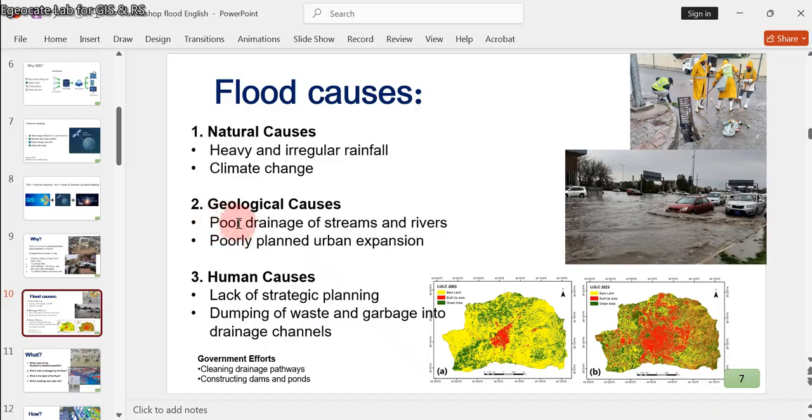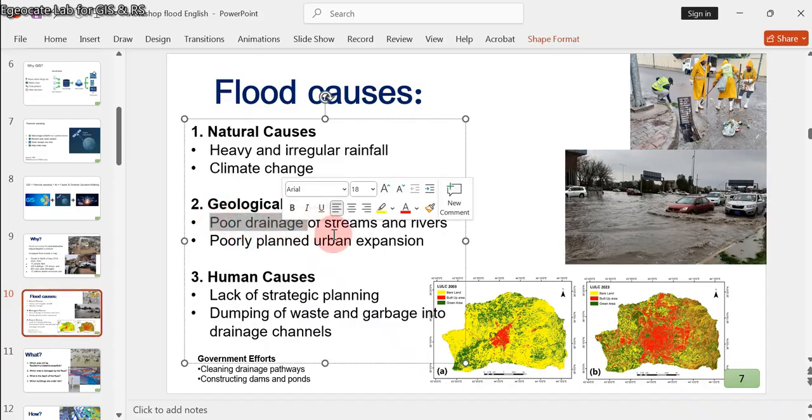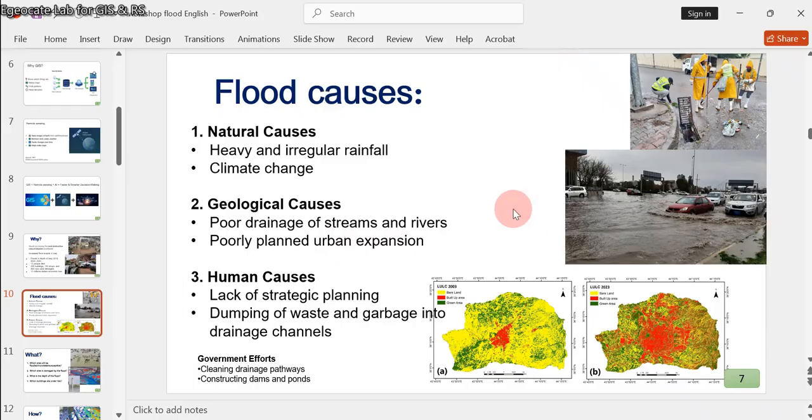And one of the geological causes is poor drainage systems and rivers, poor design of drainage systems and rivers, which have a huge impact, and also poorly planned urban expansion, for example, in Erbil city, due to the poorly planned urban expansion between 2003 and 2023.